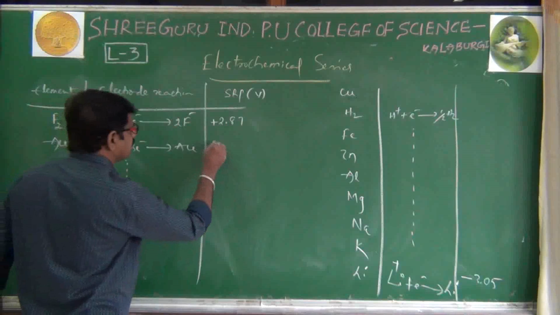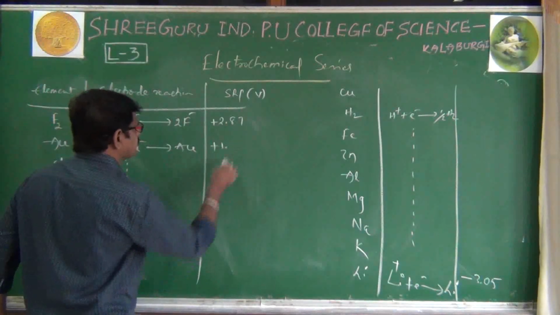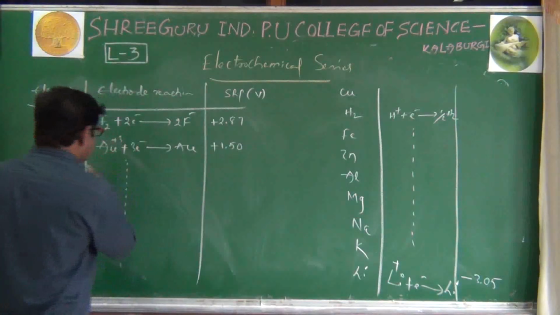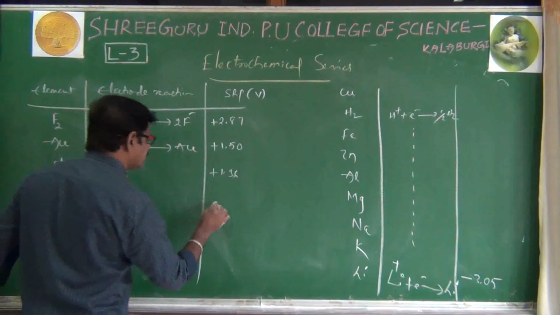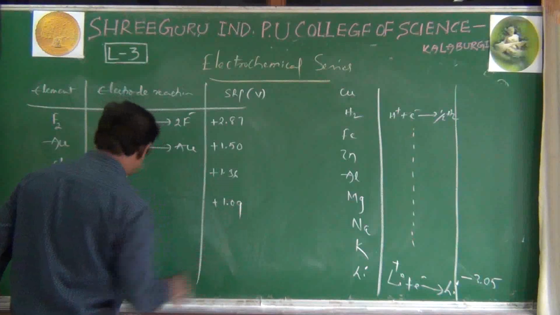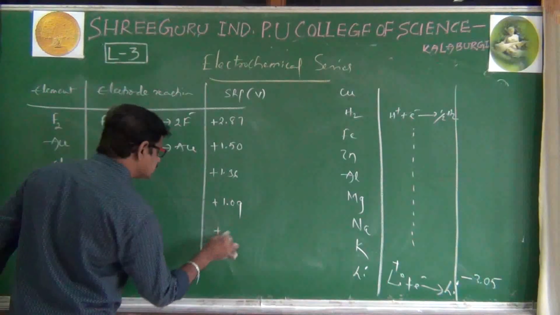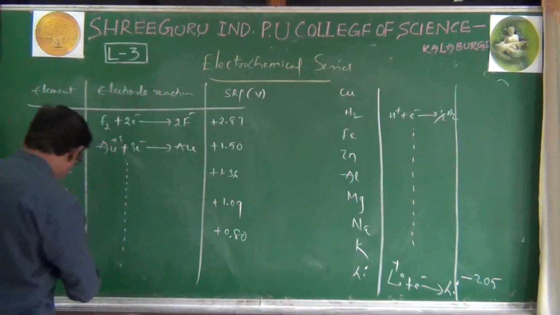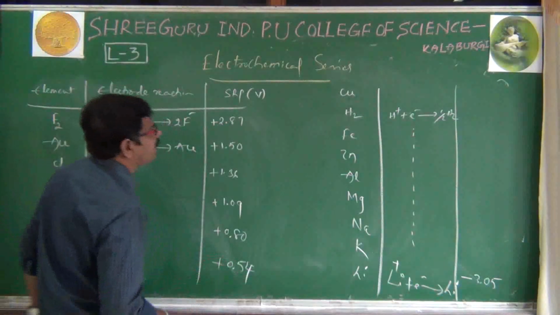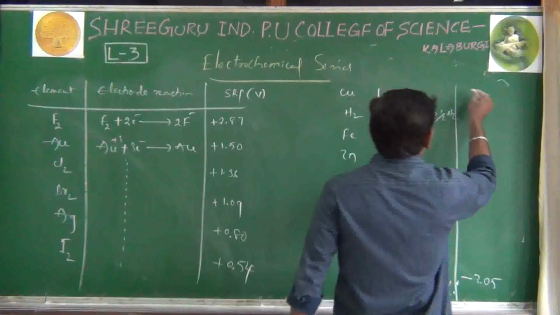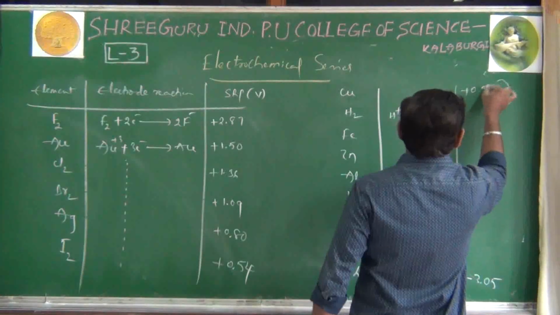Next value is, I am giving just rough values, 1.50, chlorine is 1.36, and bromine is nearly 1.09, silver 0.80, and iodine 0.54, and here copper 0.34.